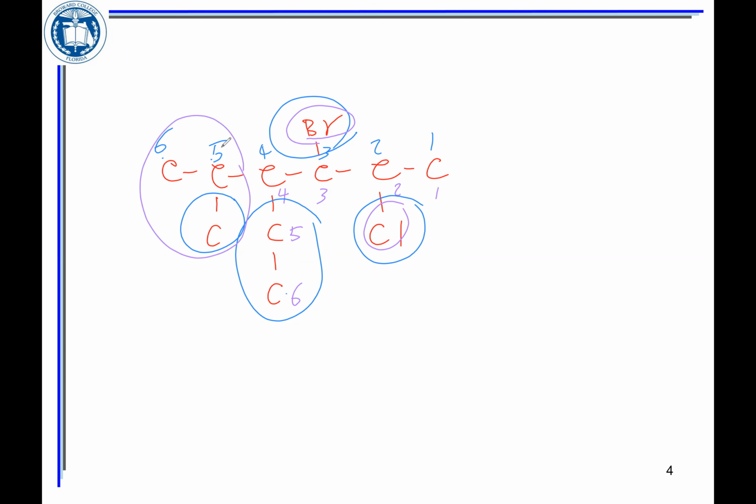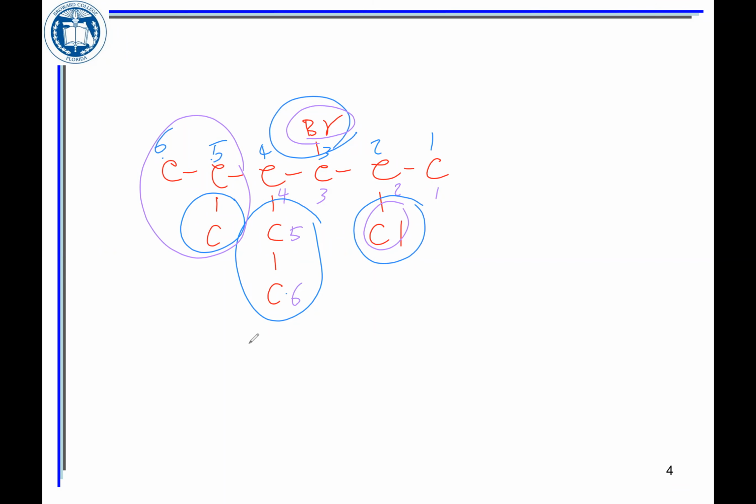That's the point of difference. If I go straight, it gives me 6 carbons, and if I go down, it gives me 6 carbons. Then the next concern is which one would give me a higher number of branches, and I would go with that side.